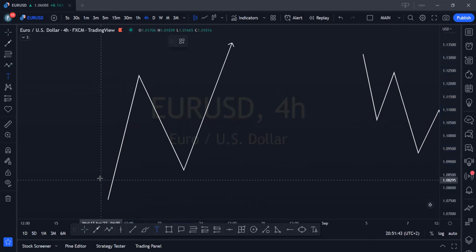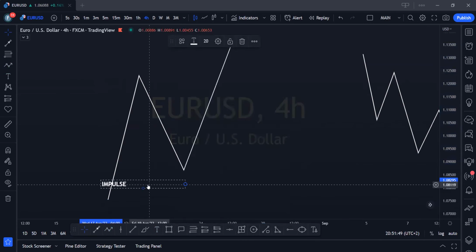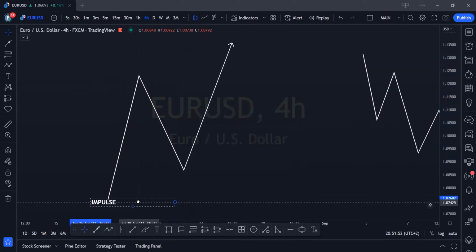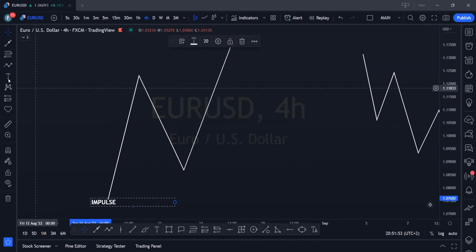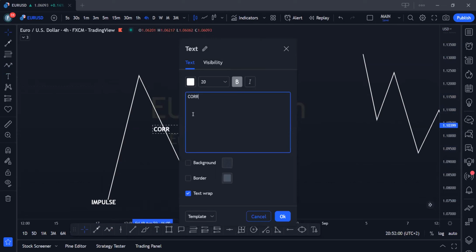This first move here is an impulse move. So we call it the impulse. It's an impulsive move. And then we call this move downwards the correction. Or some people would call it retracement or pullback. Let's say retracement.